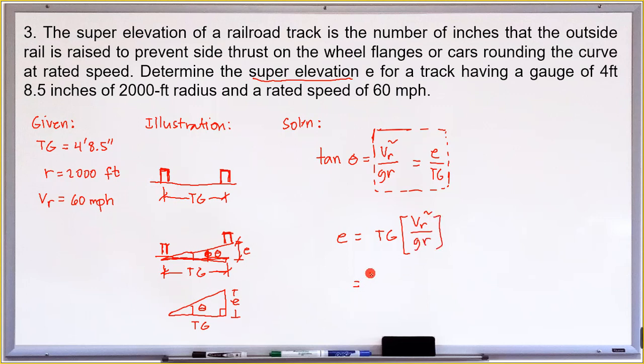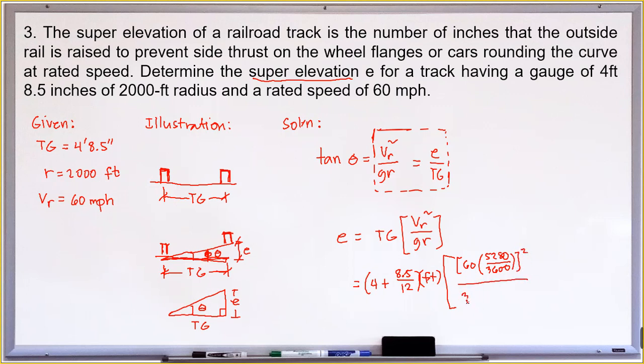Okay, so ato i-multiply. So again, this is 4 feet plus 8.5 inches. So convert that to feet. So divide na to by 12. So therefore, ang result ani is in feet. Tapos, ang rated speed is in miles per hour. So 60 times 5,280, that is 1 mile, divided by 3,600, that is 1 hour, i-convert to seconds.